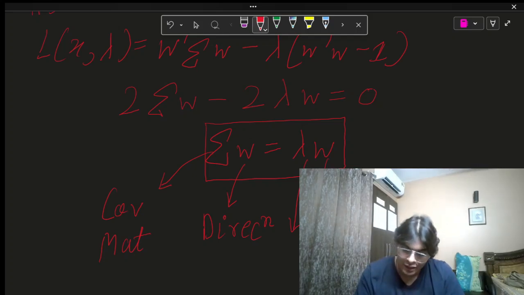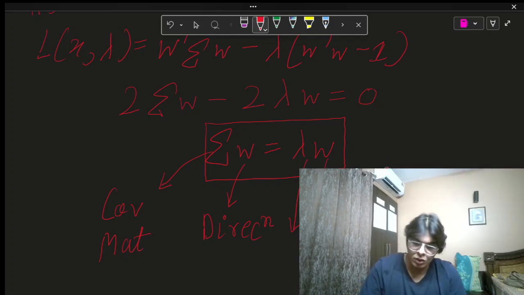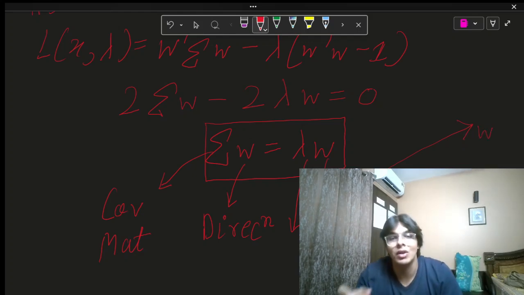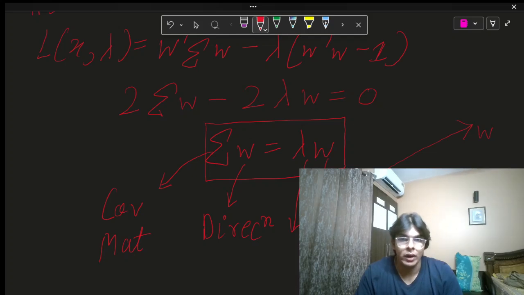The point is that the direction of maximum variance is correct, which means that the W vector we assumed, looking something like this, is the direction of maximum variance. But what is the magnitude of maximum variance?